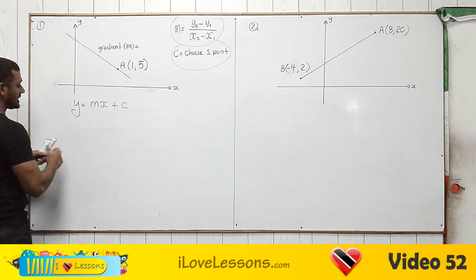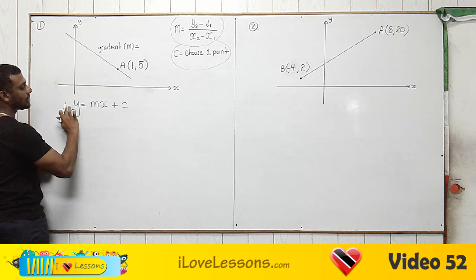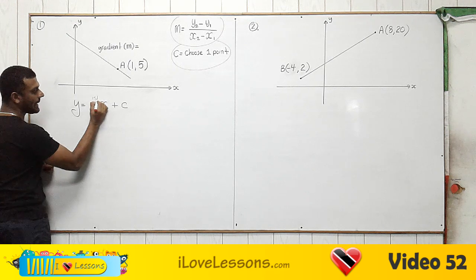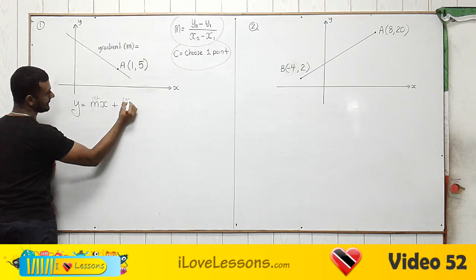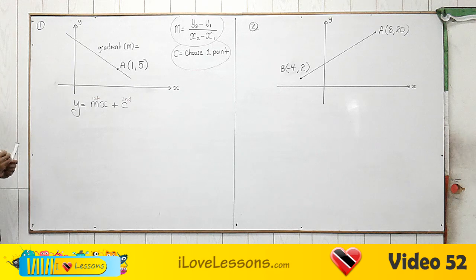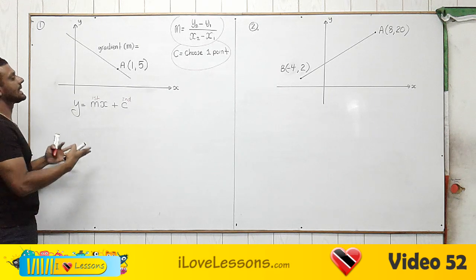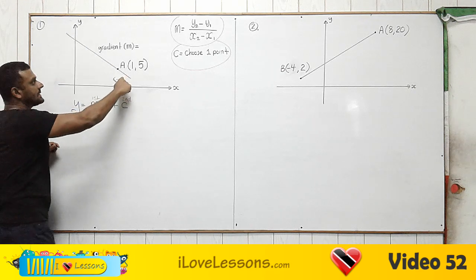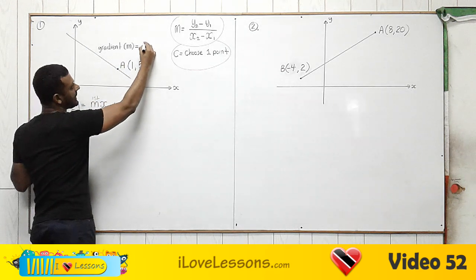To find the equation of the straight line, we need to write down y is equal to mx plus c, and we need to find m first and c second. But you'll notice on the board, sometimes the examiner is nice to you, and if he gives you 1 point, he will usually give you the gradient.